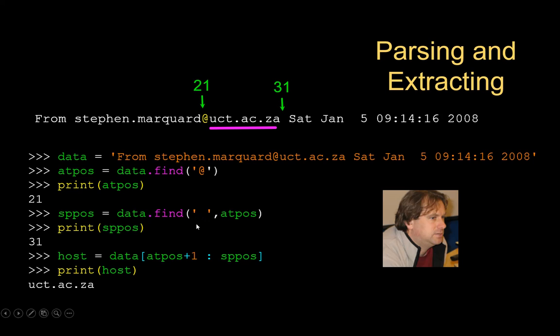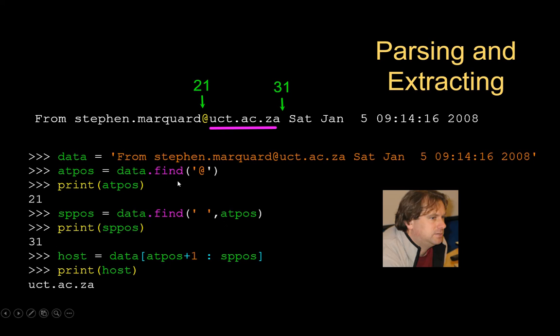We're going to find the first space, starting from the position where the @ sign was. So you don't start at the beginning; you start from there and go forward, and we want to know the position of the first space, which is 31.